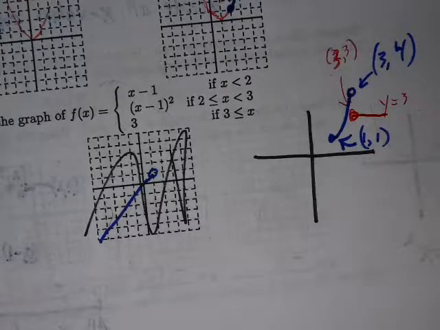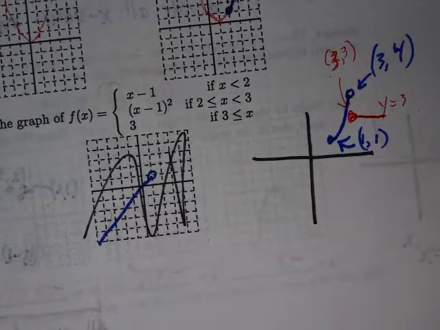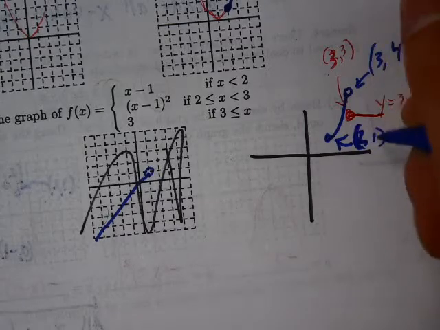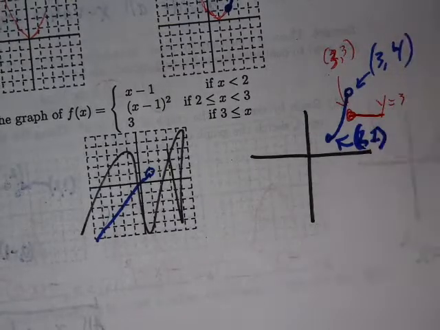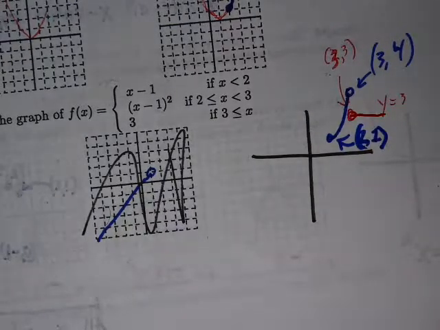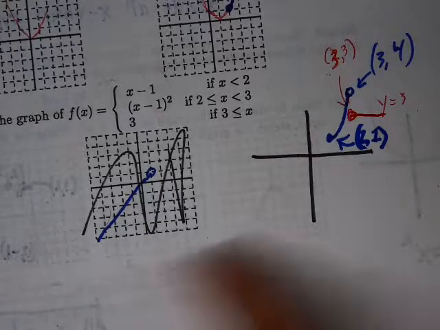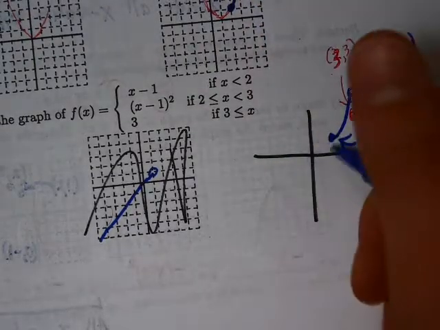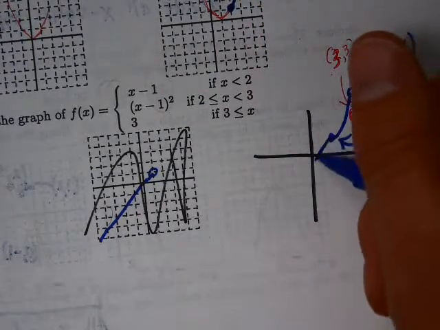And before that, I care about the graph of y equals x minus 1. What? That's 2 comma 1. I can't keep anything straight today. Well, I guess that's not different from any other day. Right, that should be the point 2 comma 1 that I care about. And then before that, I care about the graph of y equals x minus 1, which does something like this.